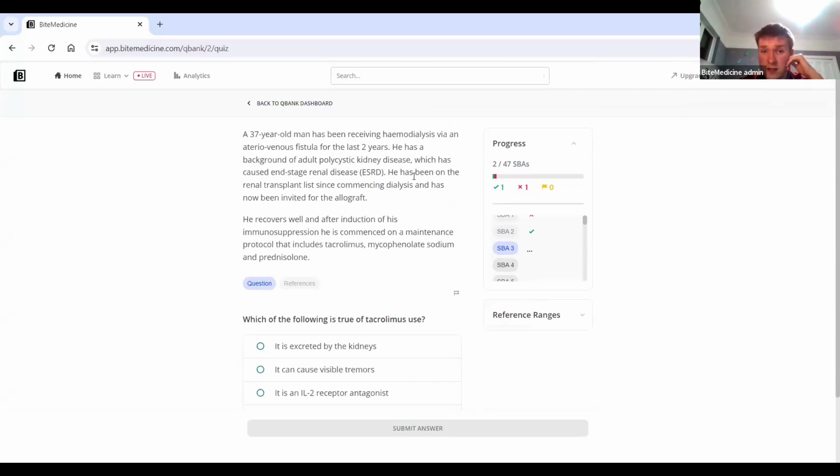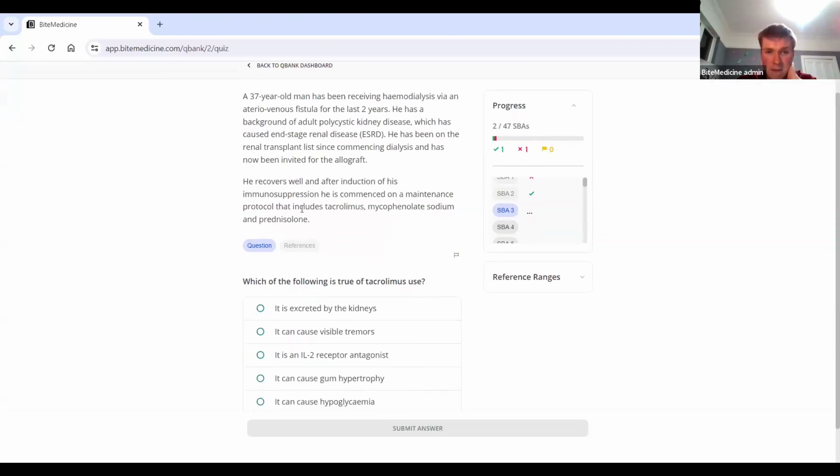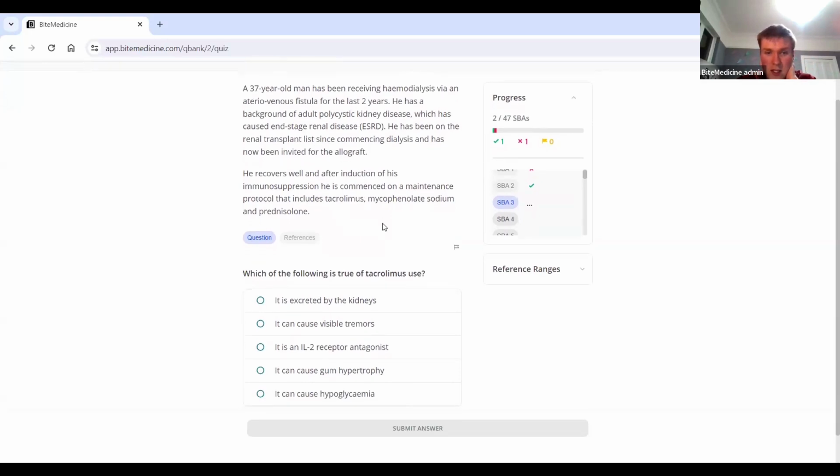He was on the transplant list and has been invited for the allograft. So that's the transplant. He recovers well, and after induction of his immunosuppression, he's commenced on a maintenance protocol that includes tacrolimus, mycophenolate, and prednisolone. So that's a pretty standard sort of grouping.